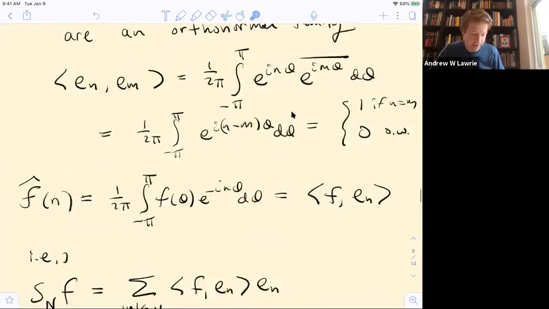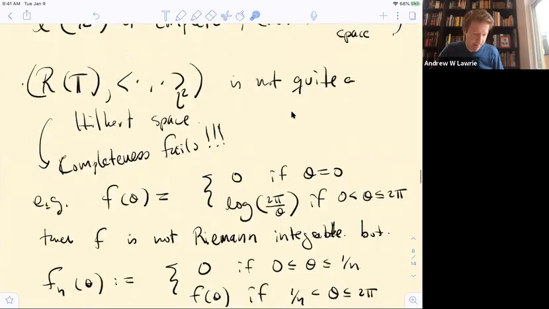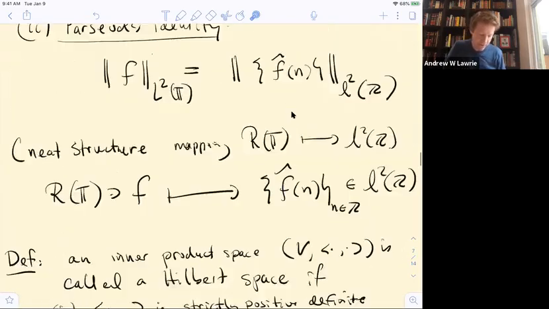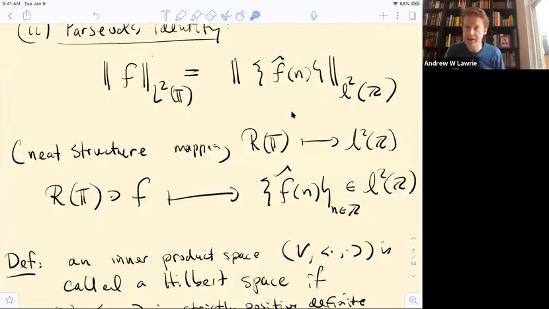What will be prettier is if this mapping, where we associate to a function its Fourier coefficients, is one-to-one, an isometry, an isomorphism. If we can find the right domain for the functions, then I have what's called a unitary isomorphism. It preserves the norm, and it's a one-to-one onto bijection, preserving all the inner product structure.